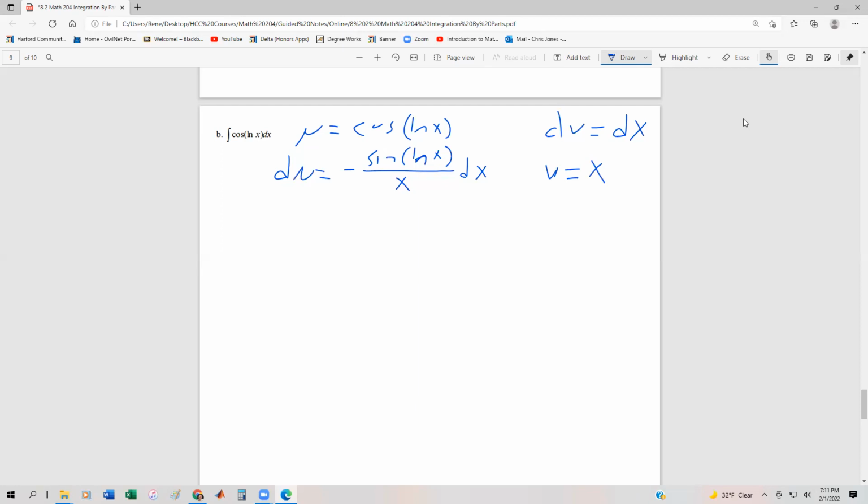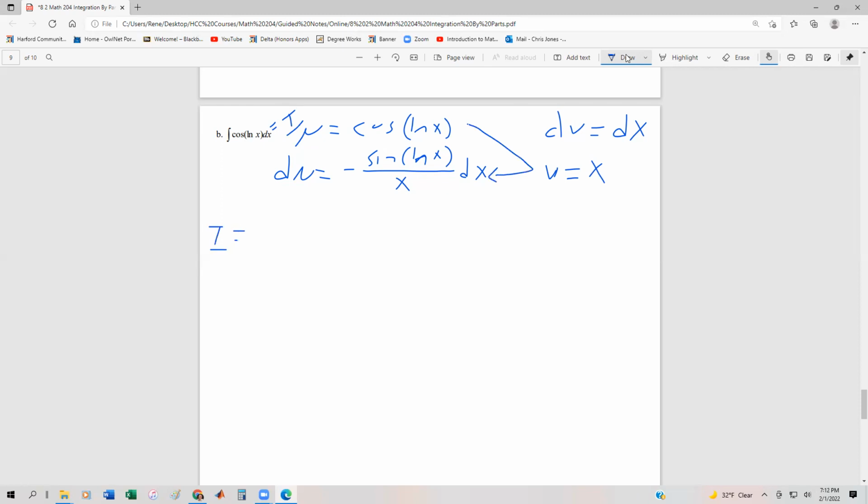Now, one last thing. I'm going to call this integral I, because what we're going to notice is that it's going to be an iterated integral, and we're just going to keep spinning our wheels if we keep trying to use parts too many times. By parts, uv minus the integral of v du.